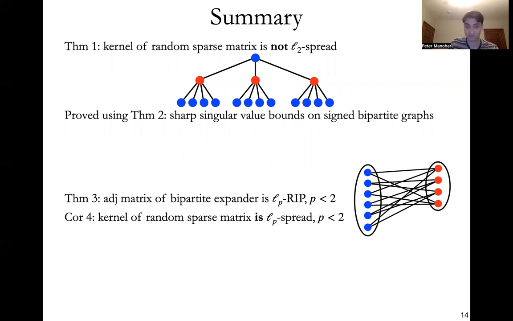And also a random sparse matrix is even LP-RIP. And then as a corollary 5, we get an explicit construction of an LP-RIP matrix. And unfortunately, we don't get all the way up to all p less than 2, but we get some p naught, where p naught is a constant greater than 1. So in particular, we've generalized the previous result that only worked for p equals 1.